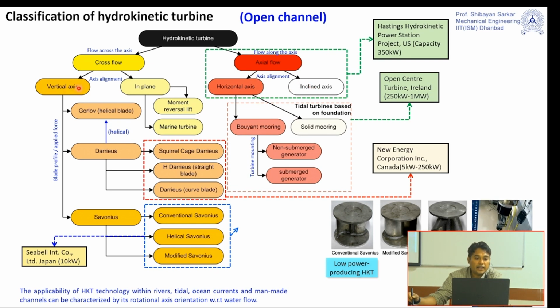Now for a vertical axis turbine, suppose your axis is like this and fluid is coming from my left to the right. All of this type of turbine is vertical axis but cross flow type. Now its blade may have this type of shape, or some different type of shape.